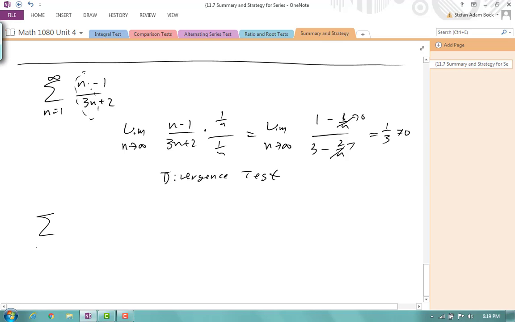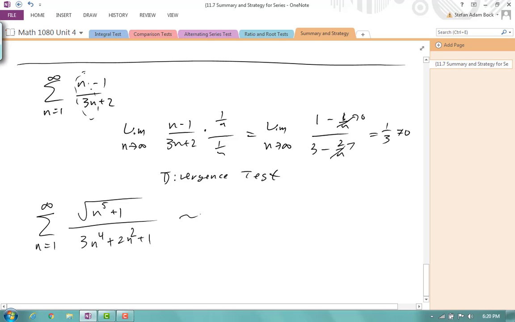On the other hand, if I had something much more complicated, like the square root of n to the 5th plus 1 over 3n to the 4th plus 2n squared plus 1, this also counts as algebraic. I've got a square root here, but that's okay.